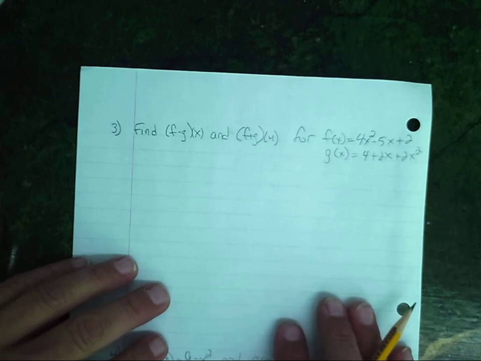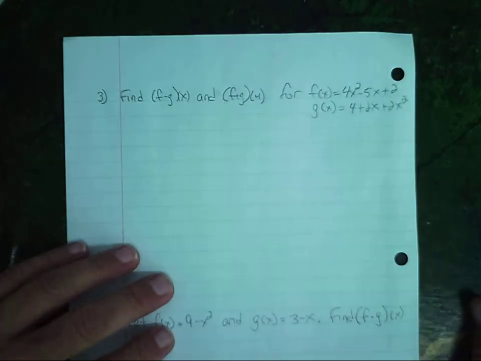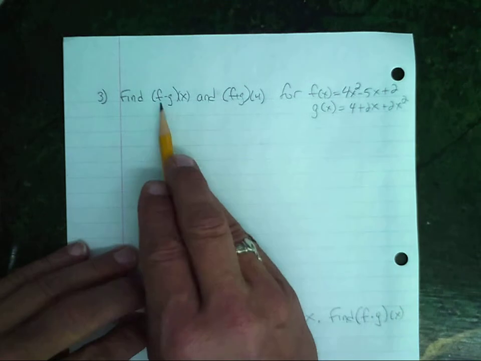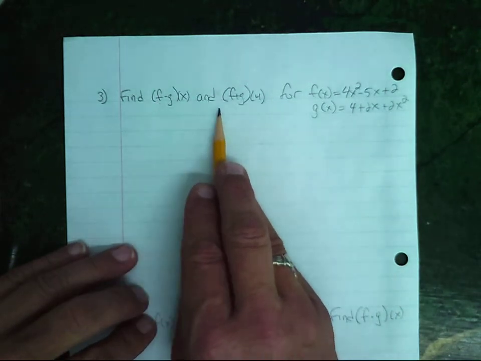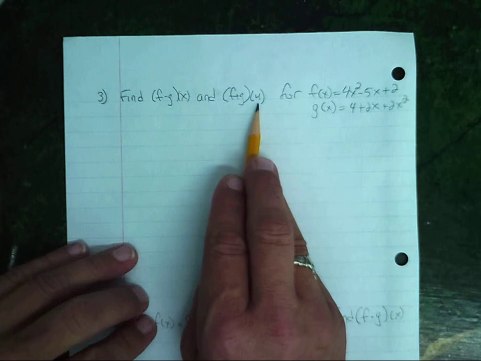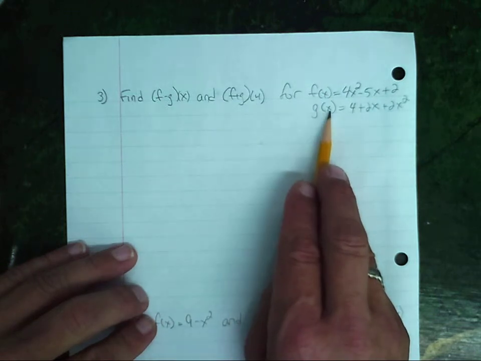Our third question. This one has two different parts. It says find f minus g of x and f plus g of 4. Here's my f of x, here's my g of x.